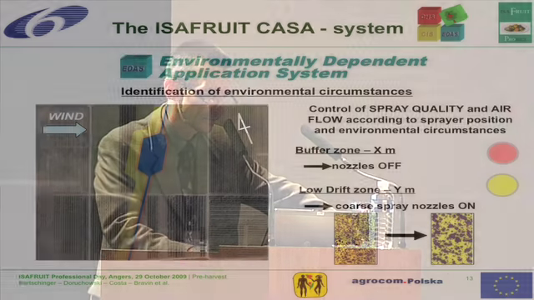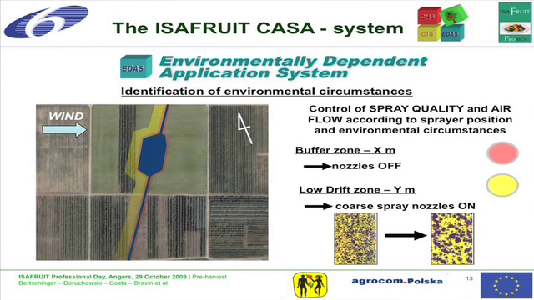And now some final information with regard to the environmentally dependent application system. So here the focus is on the identification of the environmental circumstances. If you look at this picture from above, you see here some surface water, and you want to control spray quality and airflow according to the sprayer position and environmental circumstances.